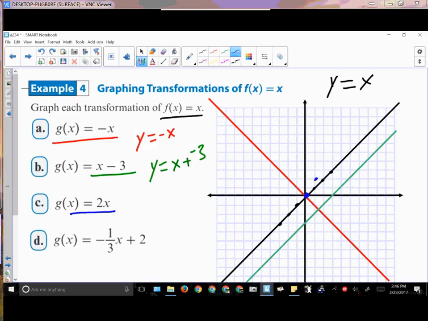So it looks like any number that I put in there, I end up doubling it. So if I put in 2, I should get out what? 4. So my line is going to be looking like that.